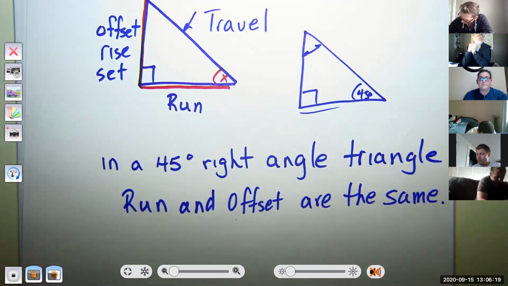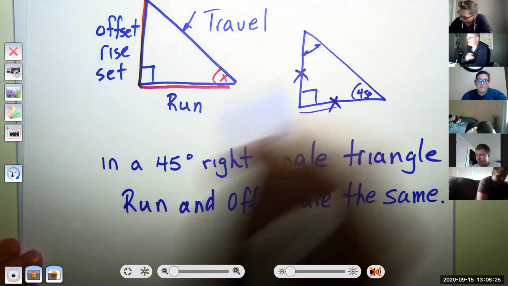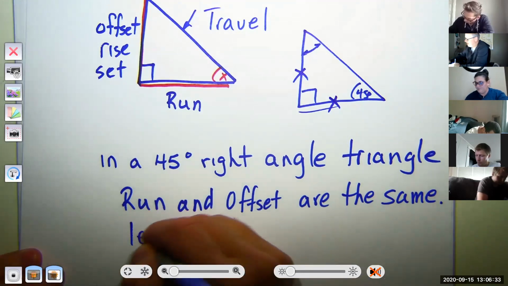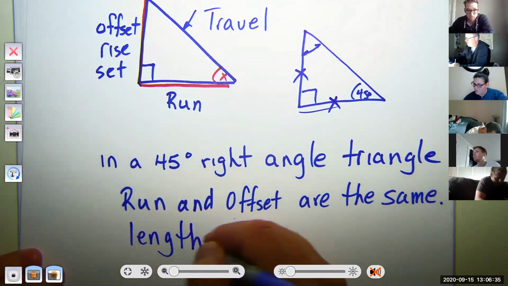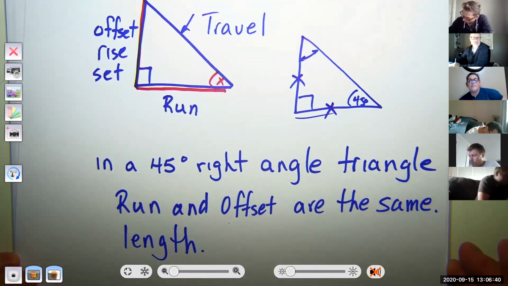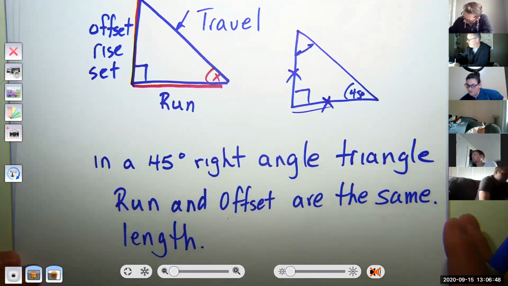In a 45-degree right angle triangle, the run and the rise are always the same length. Always the same length. In a 45-degree right angle triangle, the run and the offset are the same length.